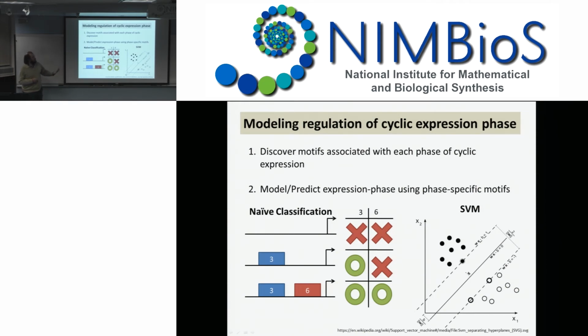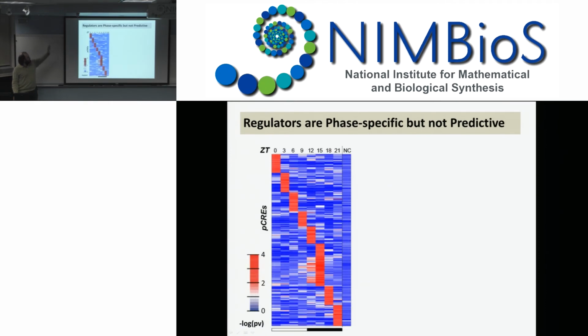But I'm not going to go into detail here because this is where the stopping point for our study was. Although we found enriched motifs in every phase group, and in general these motifs tended to be pretty specific, there was some overlap between 12 and 15 hours, right at that day to night transition.